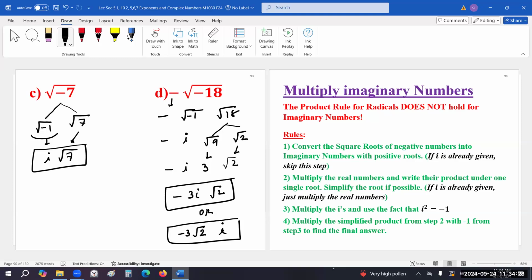So i squared gives you -1, a real number. The square root of -1 is a single i, but if you have i twice, it becomes the real number -1.